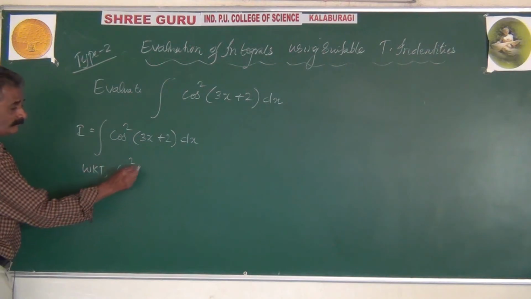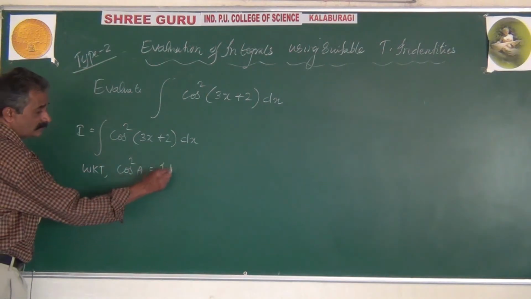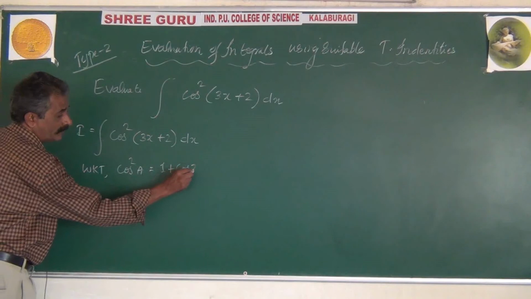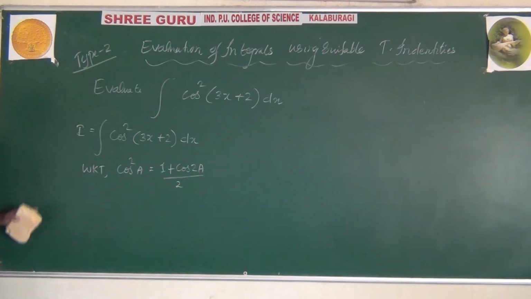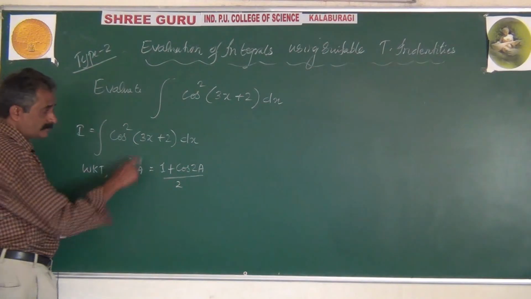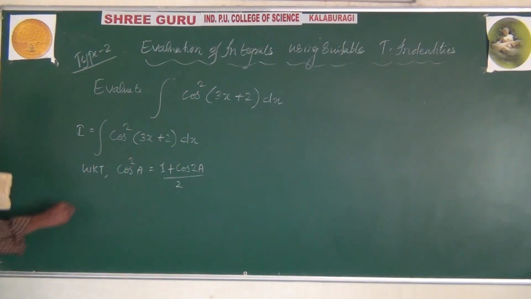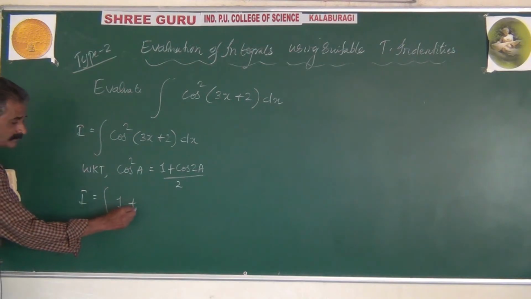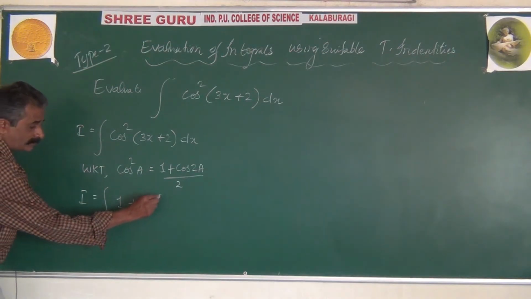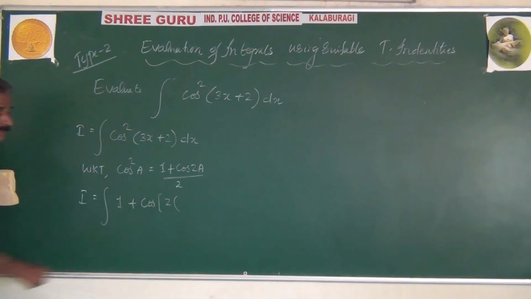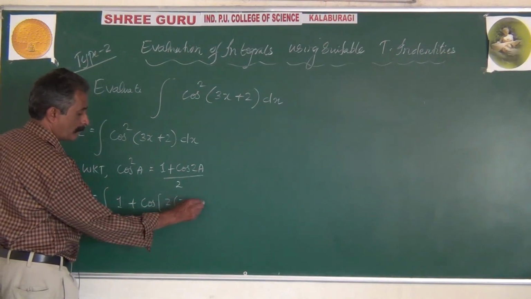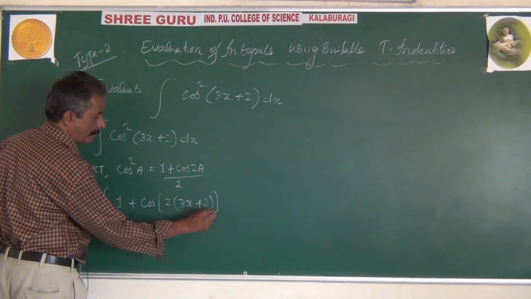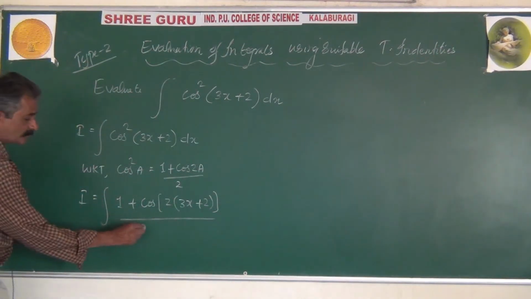Cos square of an angle is (1 plus cos 2A) divided by 2. Here A means how much? 3x plus 2. Now I becomes (1 plus cos of double the present angle, where the present angle is 3x plus 2) whole divided by 2.